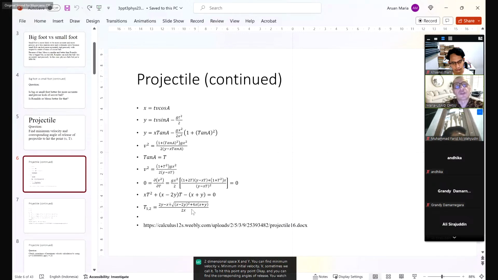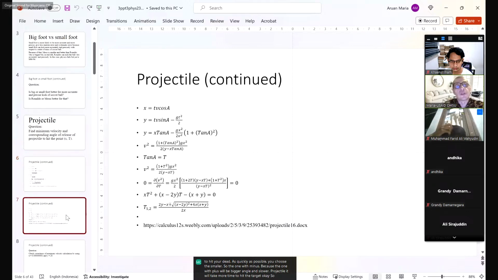T1 and T2, those are tangents of the angles. And if you want to hit your target as quickly as possible, you choose the smaller tangent, the one with minus, because the one with plus will be bigger angle and slower projectile. It will take more time to hit the target.